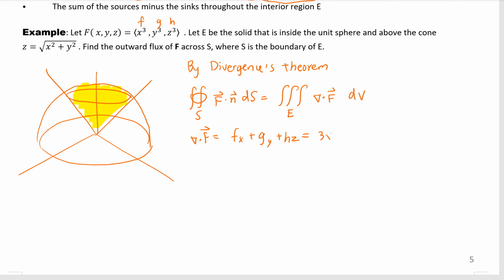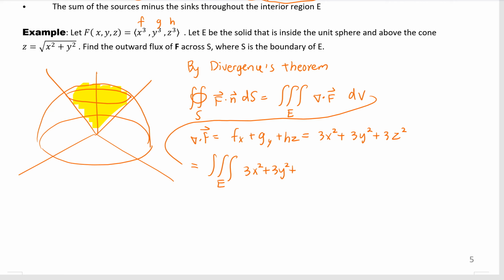Fx is 3x squared, Gy is 3y squared, Hz is 3z squared. Okay, and so let's continue. So this is then the triple integral on this region of 3x squared plus 3y squared plus 3z squared dV.